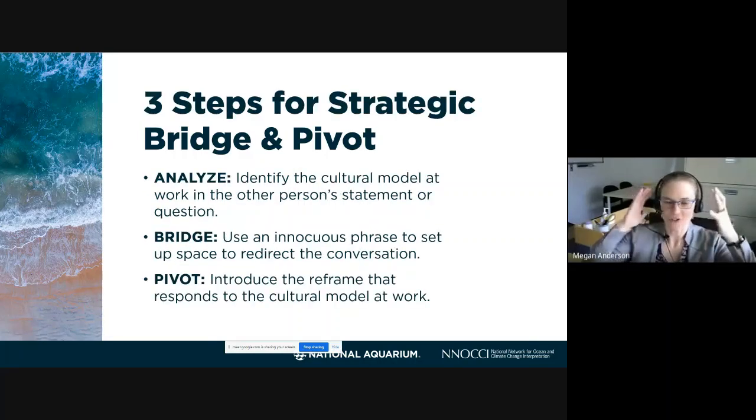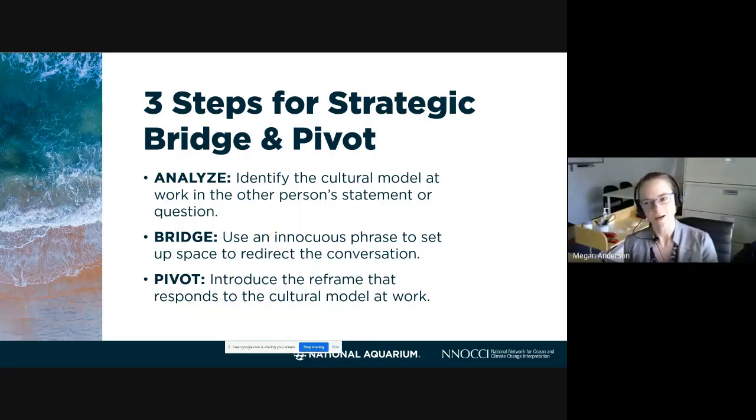The mental steps that you do when you bridge and pivot are: one, just have that awareness that you are not in an area of the conversation that you would like to be. So that analysis of, hey, wait a minute, this is not productive, this is not going to help us get towards solutions, or hey, I recognize this is a bad area of the swamp. That analysis piece is step one.